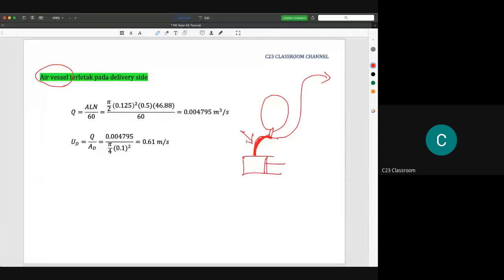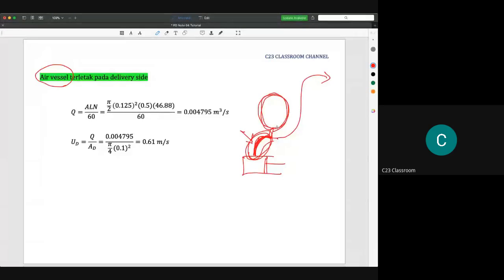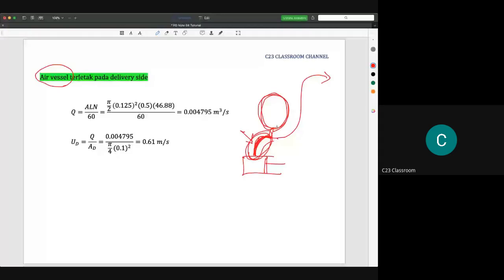The problem, as I said previously, is that if you have an air vessel, the air vessel tank here will make your flow rate steady. That means your calculation cannot be done using the idea of a piston pump anymore. You need to calculate the friction head according to what we learned in flow in pipe.